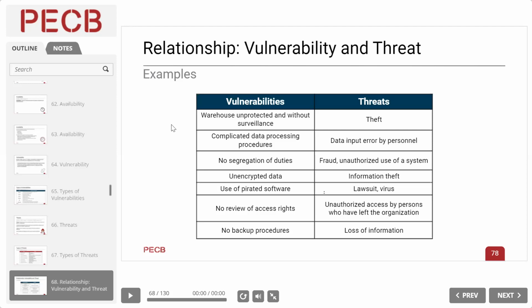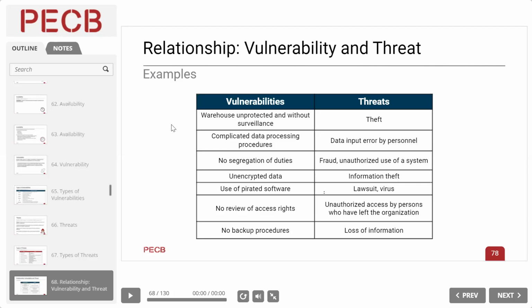Okay. Complicated data processing procedures. The possible threat is data input error by personnel. The vulnerability, no segregation of duties. The threat, fraud, unauthorized use of a system. Okay. Vulnerability, unencrypted data. The threat, information theft. Vulnerability, use of pirated software.